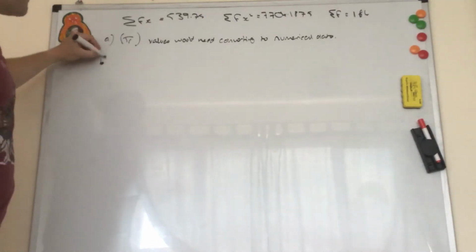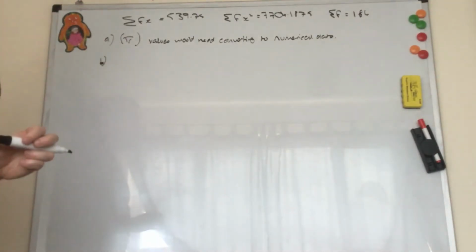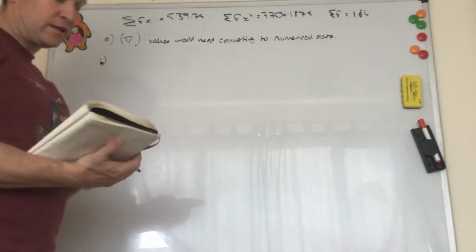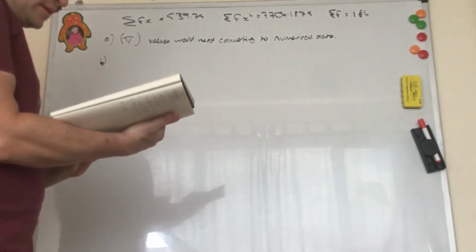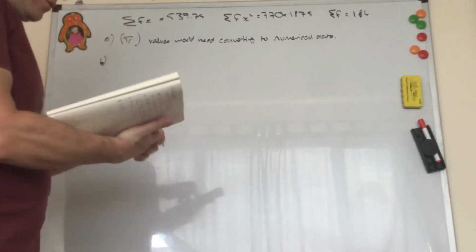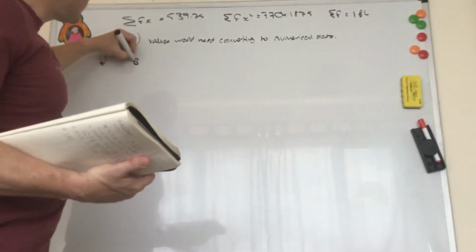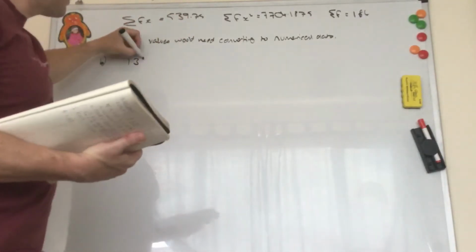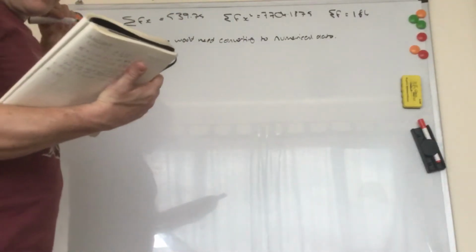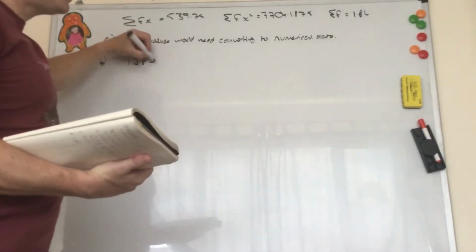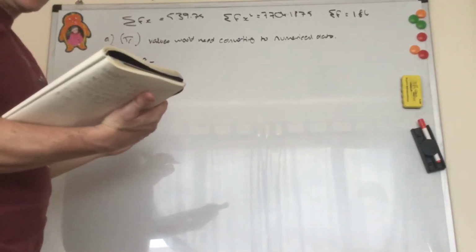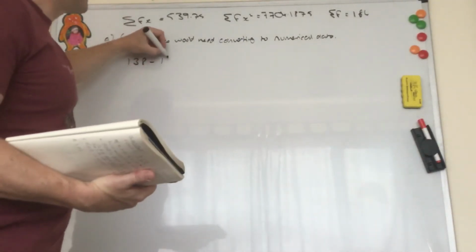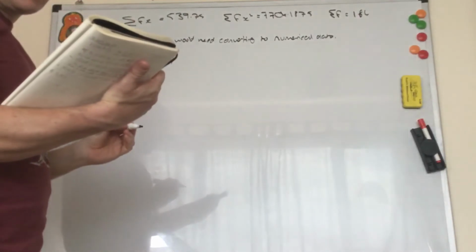Okay. B, linear interpolation to calculate an estimate for the upper quartile. Most people were great on this. So upper quartile is 3/4 of the sigma f, which is 184. So 138 minus the cumulative frequency at the beginning of the group it's in, which I get to be 131.